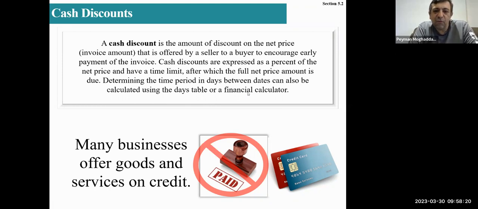And in that invoice, sometimes the seller gives the buyer an incentive, a cash discount, if the buyer pays within a certain time period, like 10 days, 15 days, something like that. Okay, and that also reflects in the invoice.